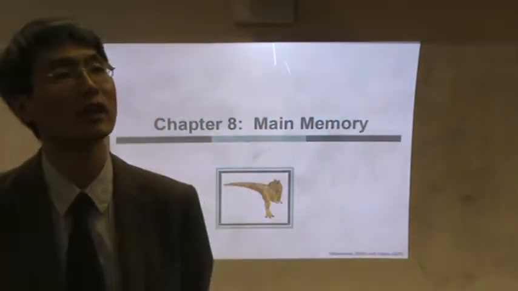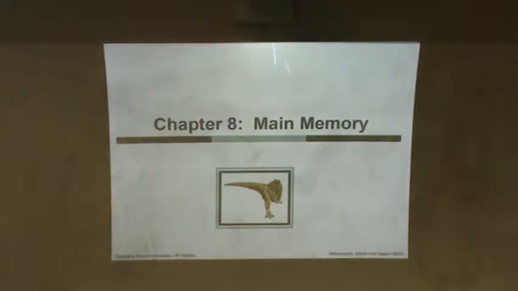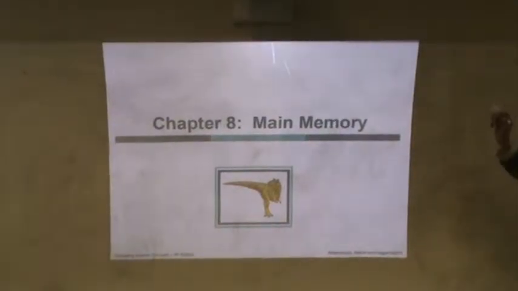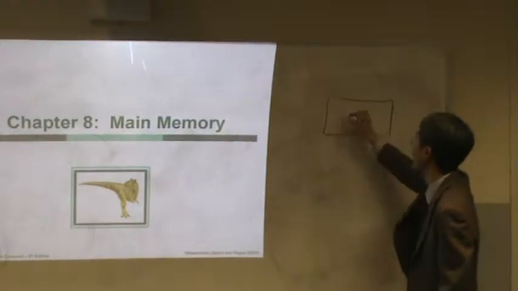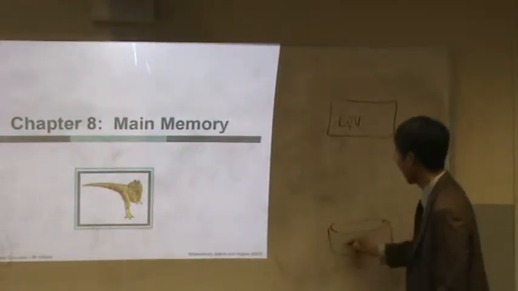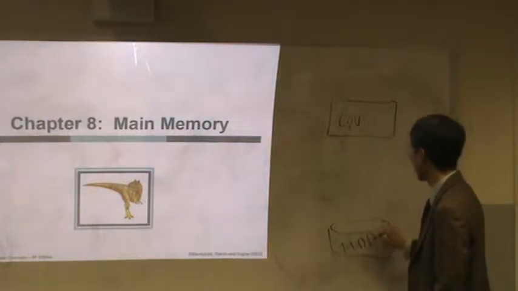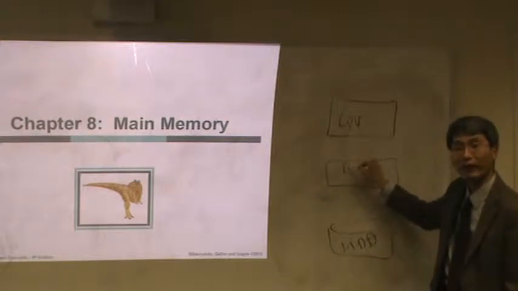The second part is memory management. As we have seen before, the modern computer architecture consists of the CPU, the hard disk drive storage, and in between we have memory.